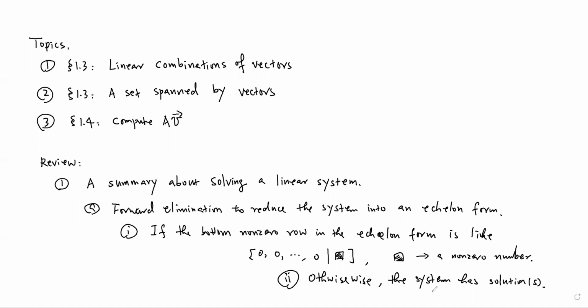When the linear system has solution, then backward elimination. Now, phase 2, backward elimination.